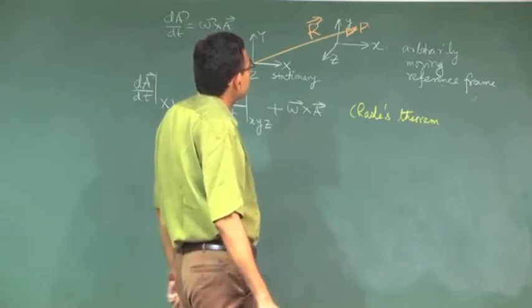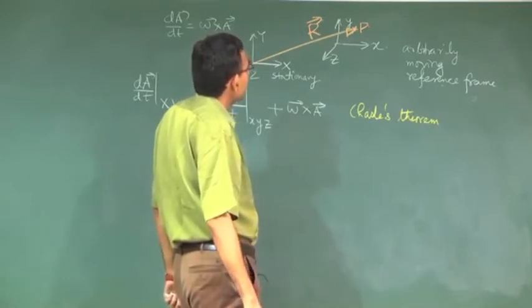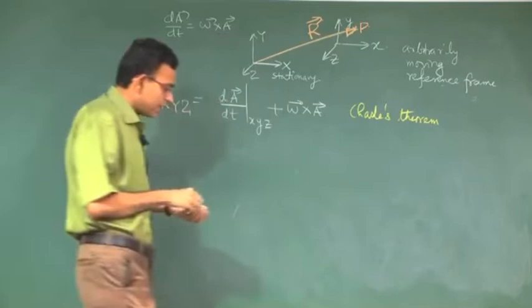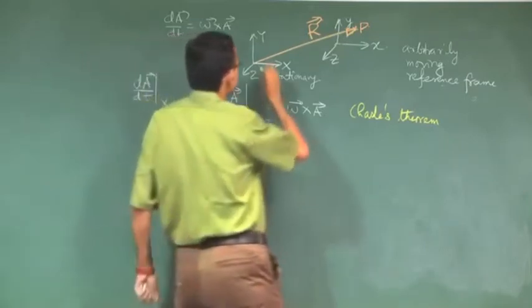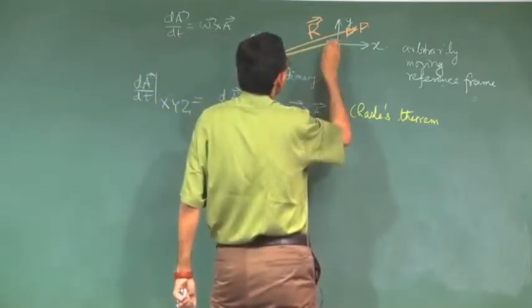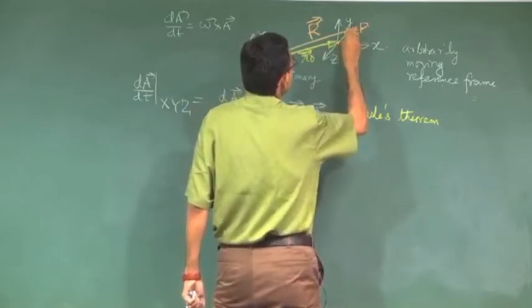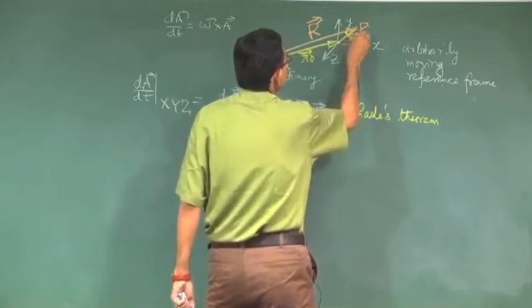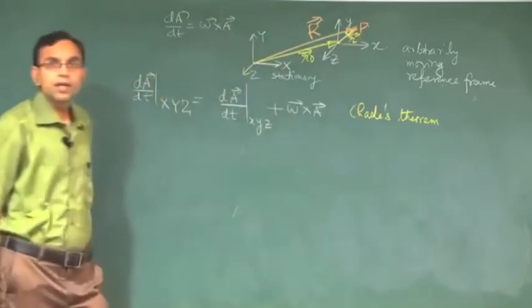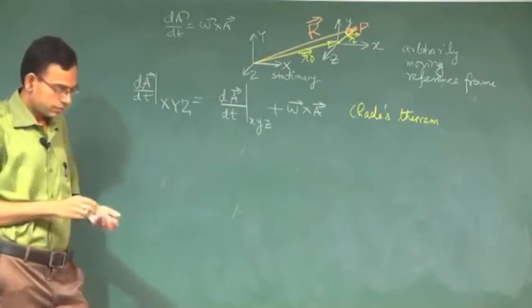To do that, we will make some constructions. We complete this vector triangle.